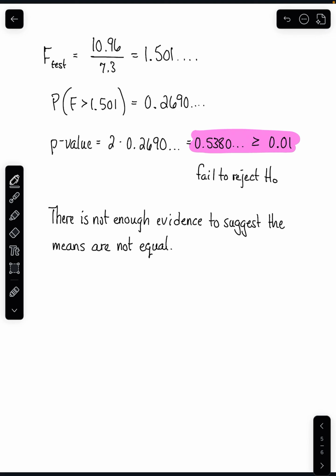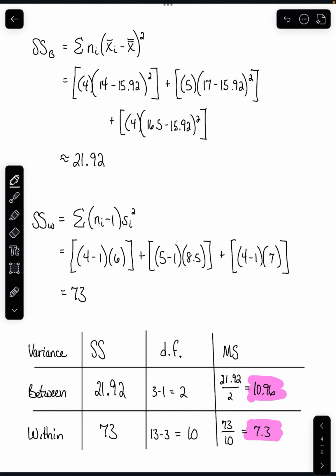Now, that being said, looking back at the sample means, they were 14, 17, and 16.5 minutes, respectively. None of these values are all that far off from each other. In fact, none of them were therefore all that far off from the grand mean.